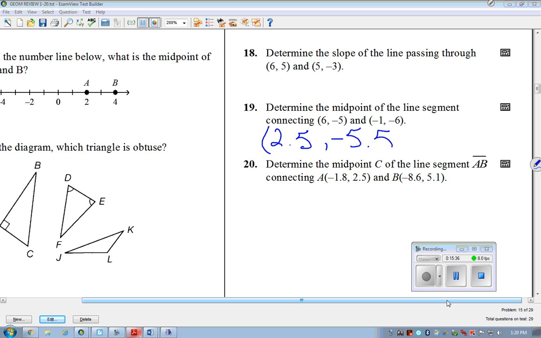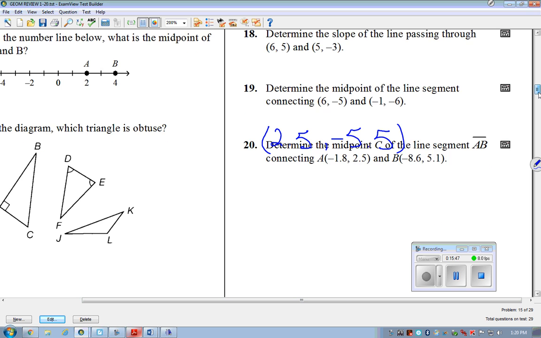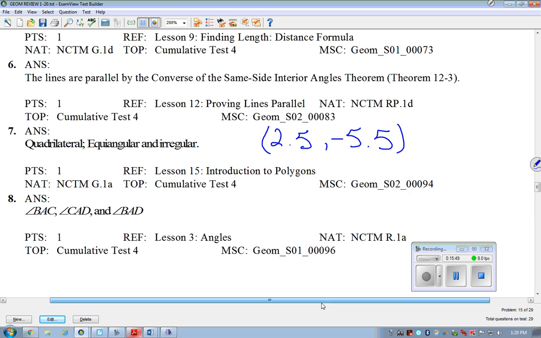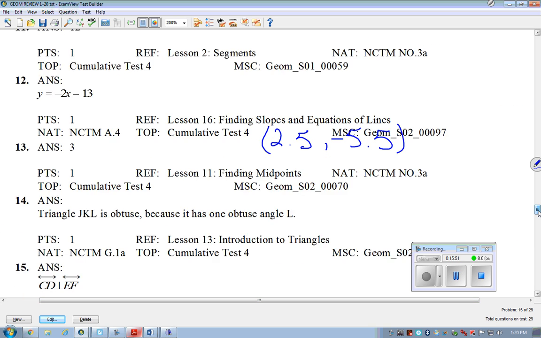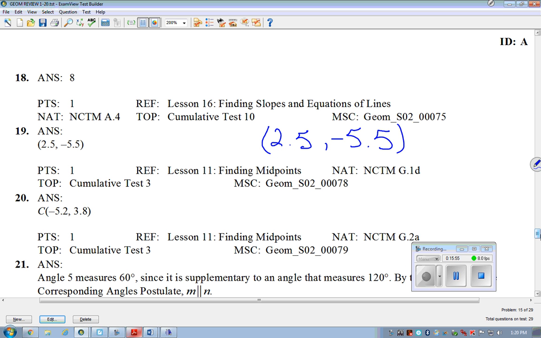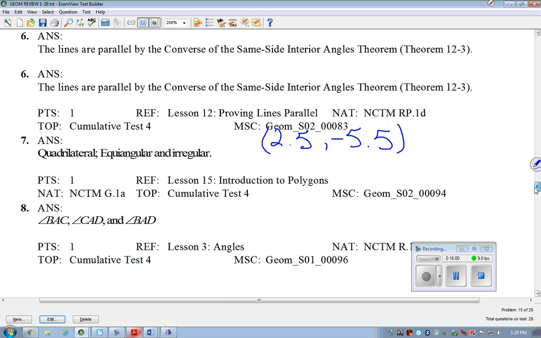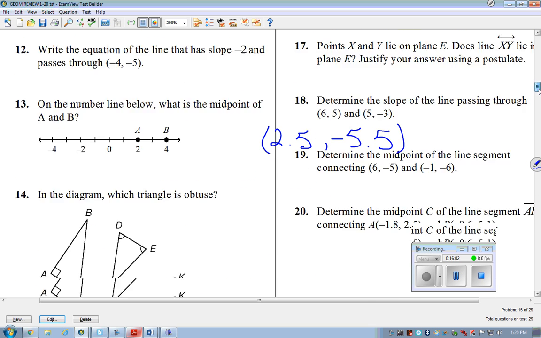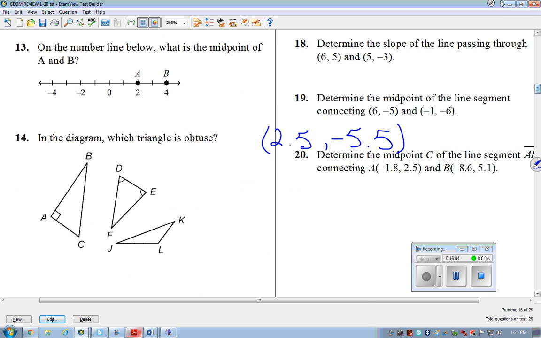Negative 5.5. Did anybody get anything different than that? Nobody got anything different? Okay. Let's take a quick look. There were 2 reviews that I sent, Jarrett, and I told you to look at review B. So 2.5 and negative 5.5 is correct. So I'm going to trust that at this point we understand the midpoint formula, right?